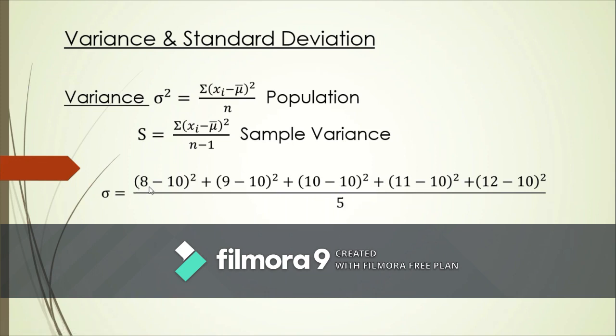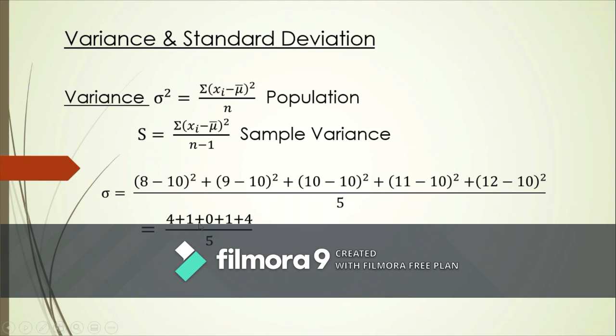So, pag sinolve po natin ito lahat, ito ay magiging 8 minus 10 is equals to negative 2. Pag squared is 4. So, we add the second term, 9 minus 10 squared is 1, and so on, divided by 5.